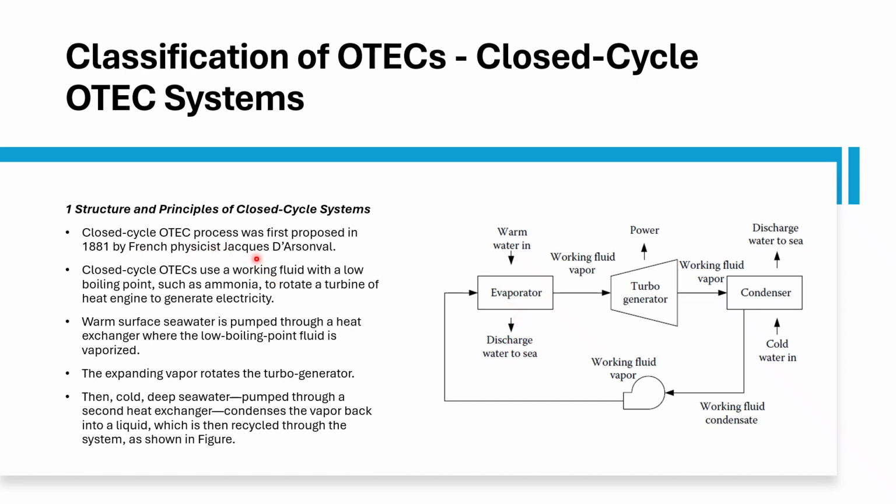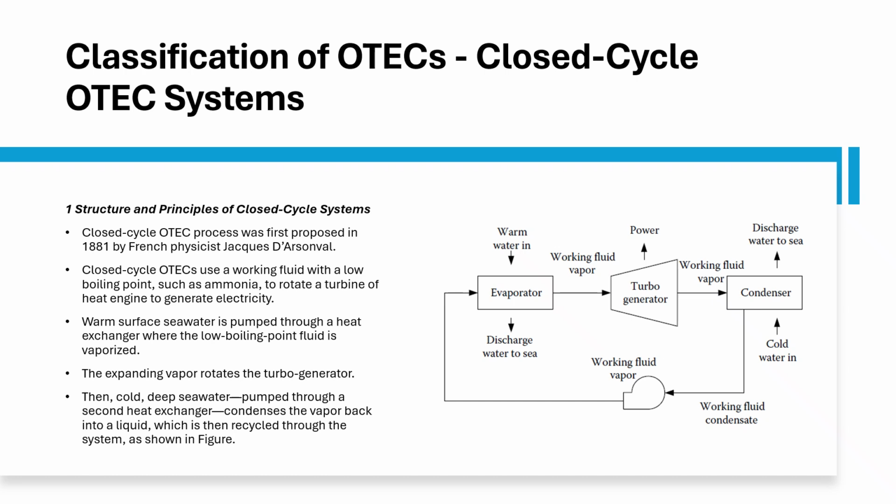The closed loop was proposed in 1881 by the French physicist Dr. Jacques Arsène d'Arsonval. Closed cycle OTECs use a working fluid with a low boiling point, such as ammonia, to rotate the turbine of a heat engine to generate electricity.